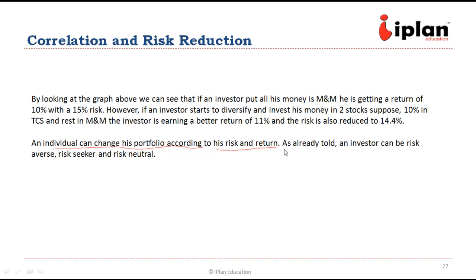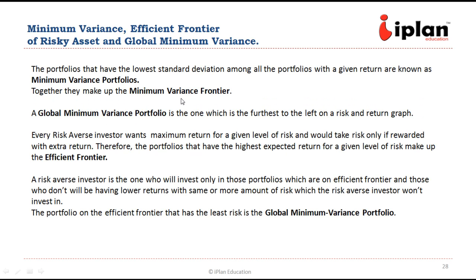Let us look at the concepts of minimum variance, efficient frontier, and global minimum variance. The portfolios that have the lowest standard deviation among all portfolios with a given return are known as minimum variance portfolios. And the combination of them makes the minimum variance frontier.